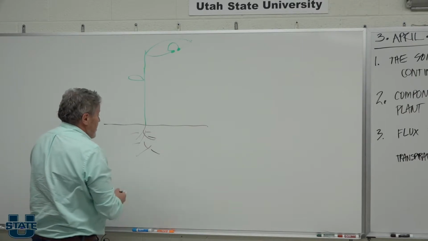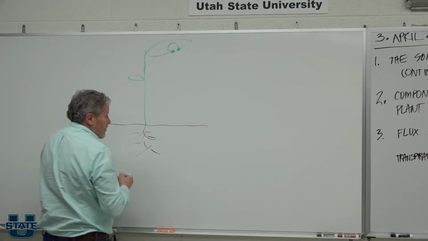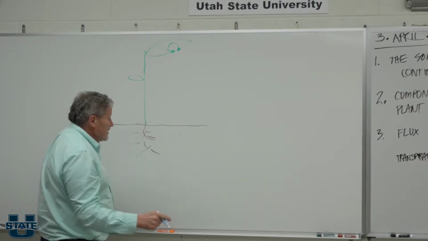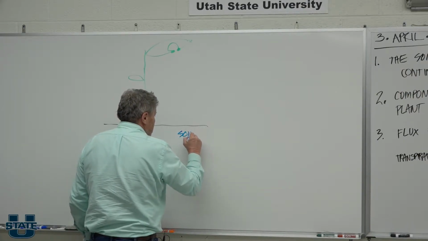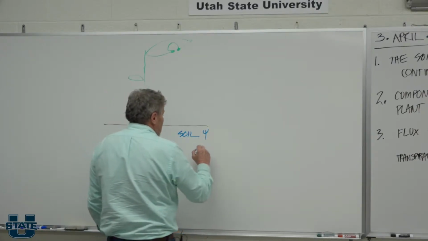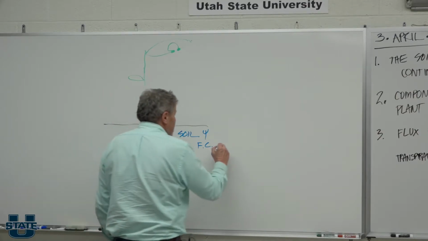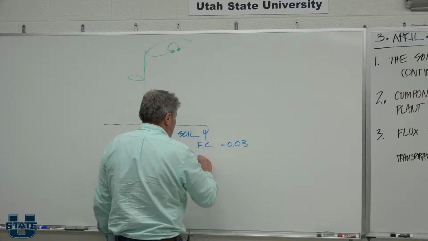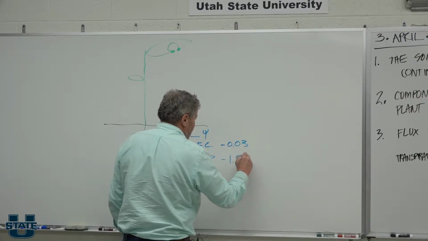So we've got, oh, now I should put this in blue because it's water, but remember from last time, soil water is, and this is in psi, I'm going to abbreviate. Field capacity is minus 0.03, and permanent wilting point is minus 1.5.